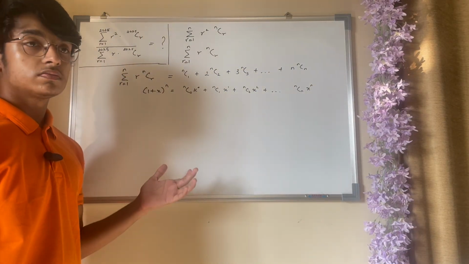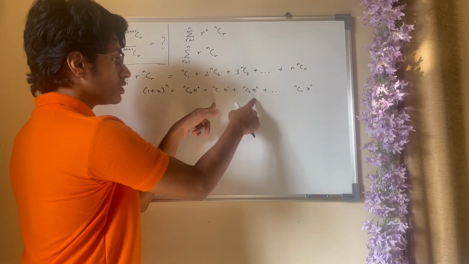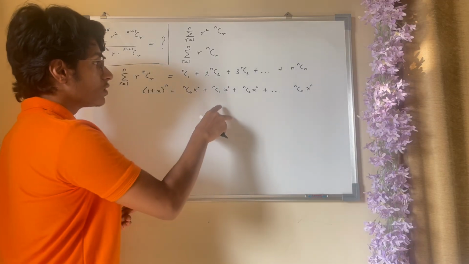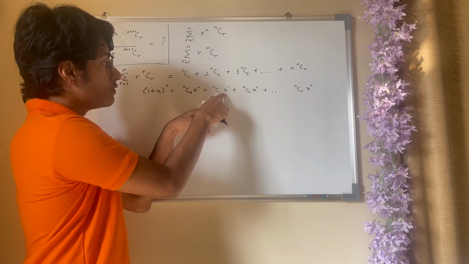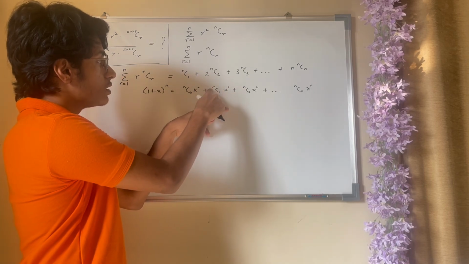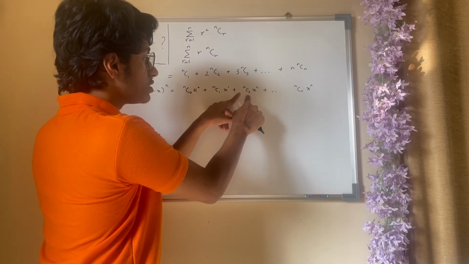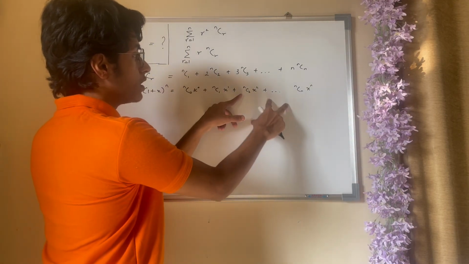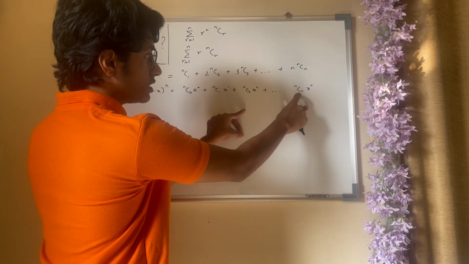Now the method to form this equation from this is to differentiate it with respect to x. Why did we think of this? Because on differentiating, this term would give 1, resulting in nC1. Differentiating the next term we would get 2 into nC2, and similarly on differentiating the last term we would get n into nCn.